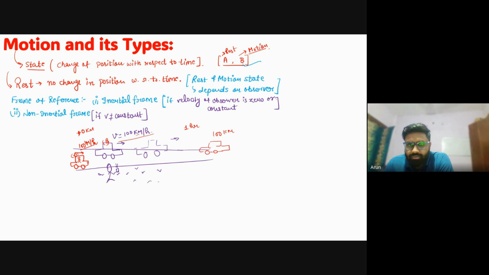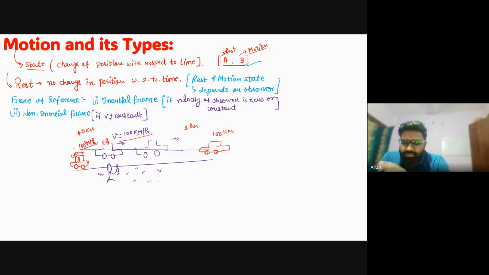Although they may get angry, asking why you are following me, why you are not changing your speed. But that is not our matter. They will sort it out. Our matter is that the position of car B with respect to car A is not changing. So that is why this particular car seems to be at rest.